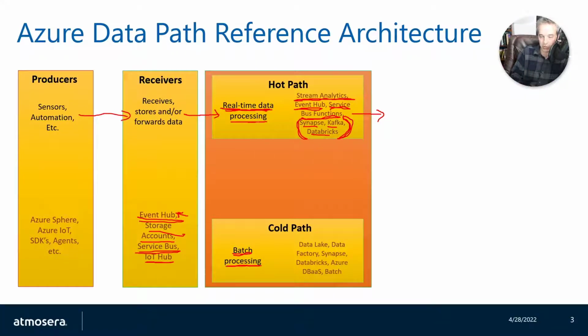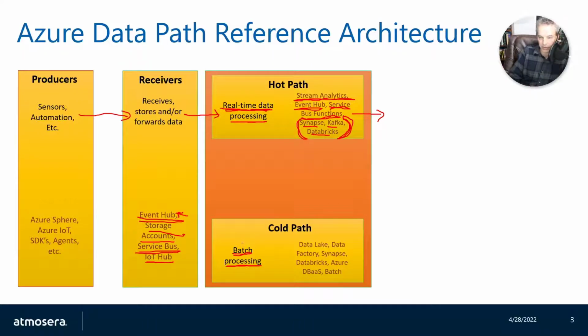But instead of processing single messages at a time like HotPath does in real time, this one is going to have a longer latency between when a message is received and the time it shows up in whatever is going to be consuming it.